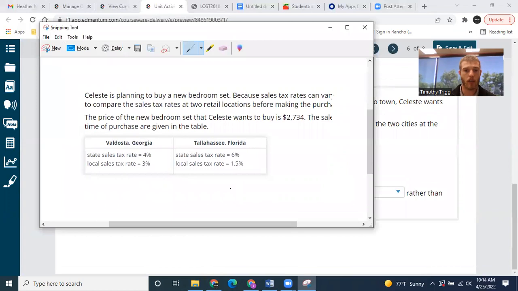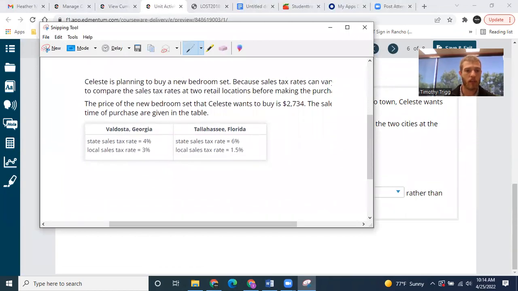So let's figure out how much tax she would pay in each of these situations. So let's go ahead and do this for Valdosta. It's going to be $2,734 times 7%. So that's 0.07. For Tallahassee, it's the same selling price, but this time Celeste would have to pay 7.5%, so it's 0.075. Okay, so how much sales tax would be here and how much sales tax will be here?